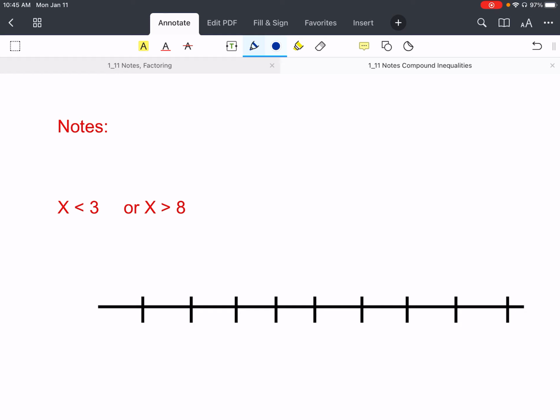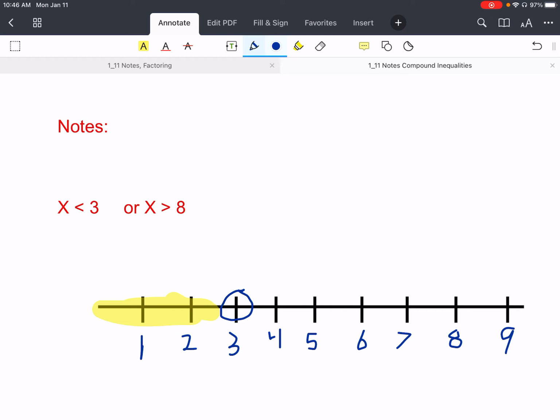So if I had our number line here, and I actually provided number lines for you on your assignments, or at least a spot for them, I think. So I just threw number line 1 through 9, and we could look at this as, all right, x is less than 3, so that's an empty circle, and we are shading to the left all the way to negative infinity.